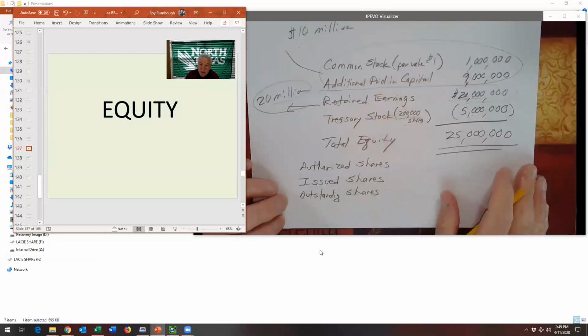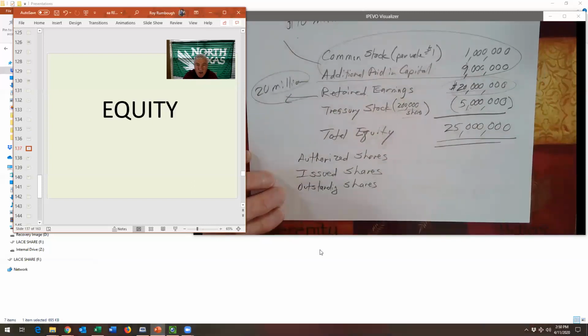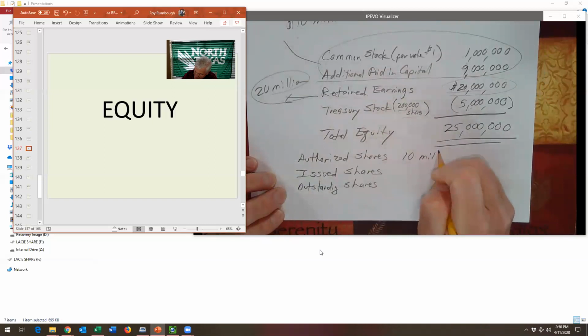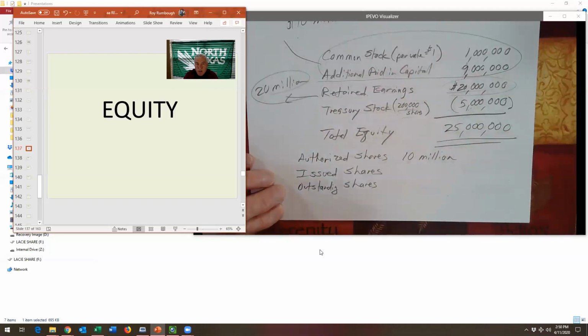Authorized shares is determined by the charter when the corporation got started. And let's just say for this company, they had 10 million authorized shares. Means the board of directors is legally authorized to issue 10 million shares.